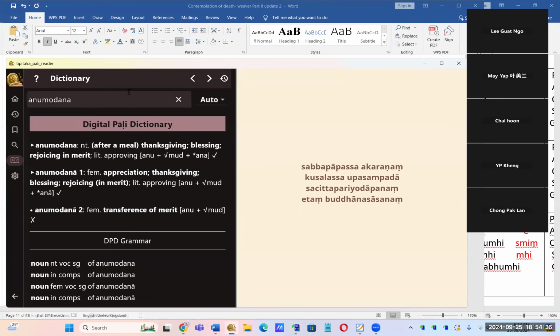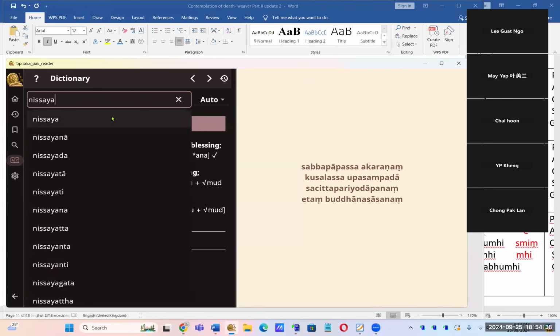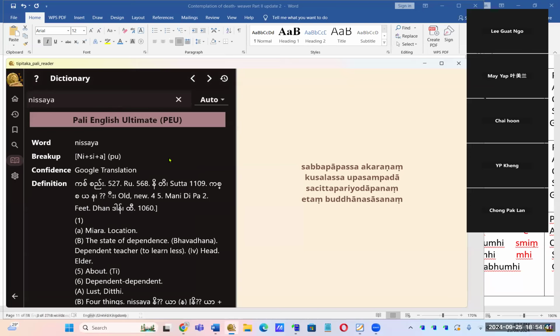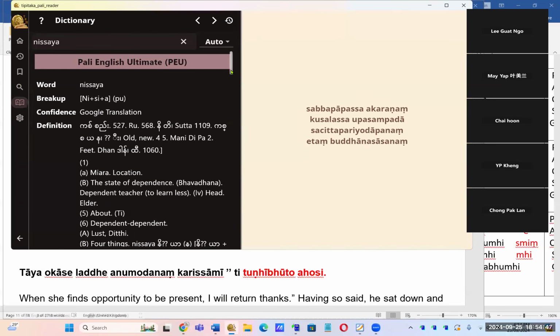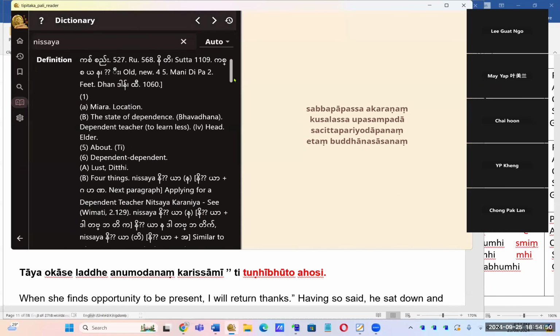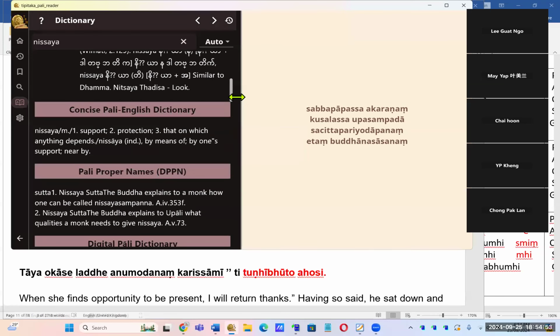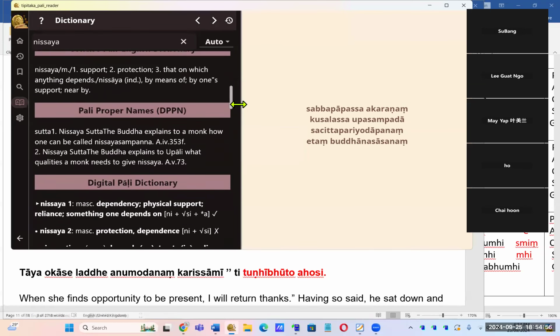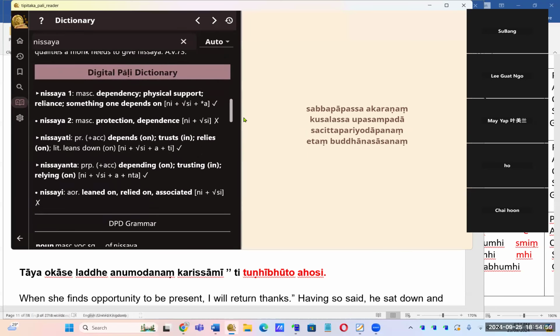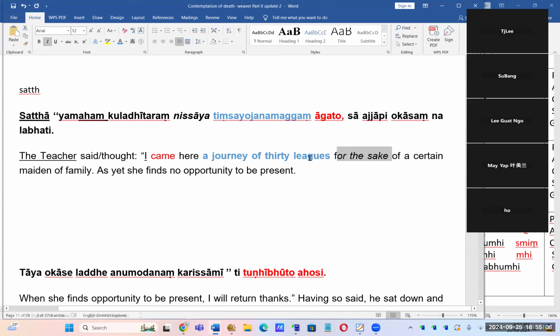Okay, by means of support. Direct translation is actually depend on. But if we translate like this, the Buddha came on a journey of 30 leagues depending on a certain madam or family, it doesn't sound correct, all right?